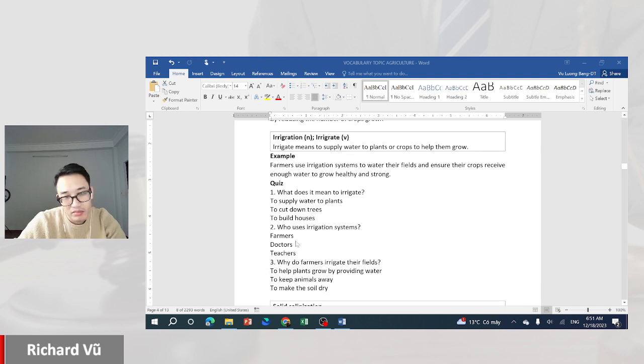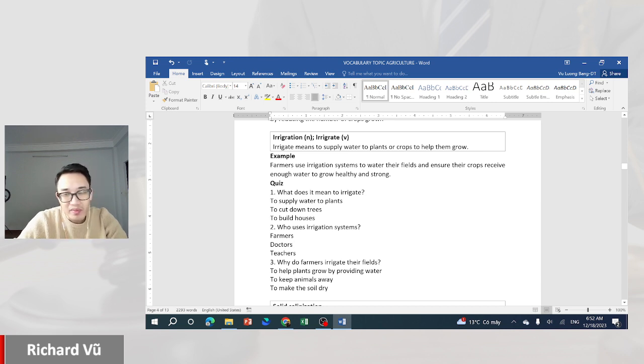We don't talk about doctors in this situation, so we eliminate this option. The correct one is farmers. Farmers use irrigation systems to water the fields.